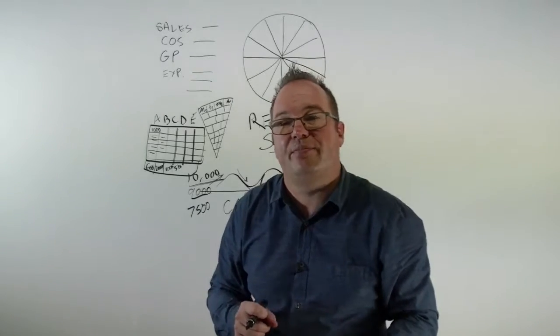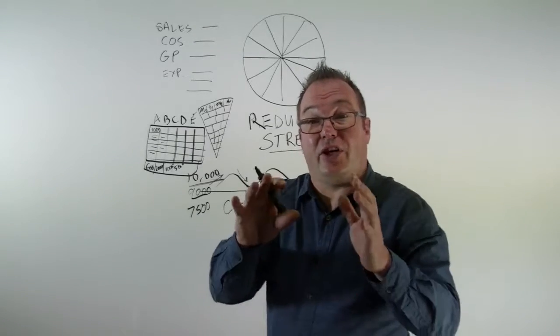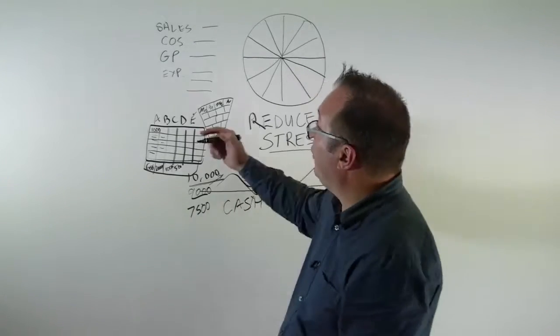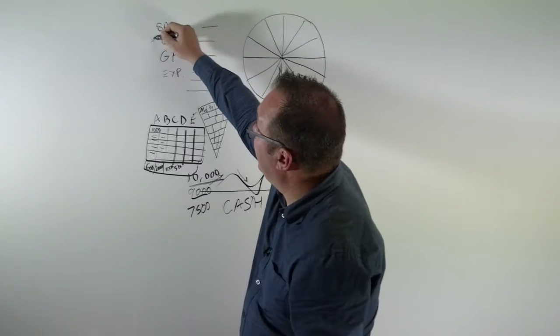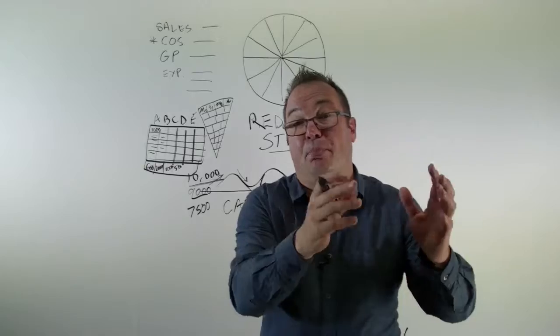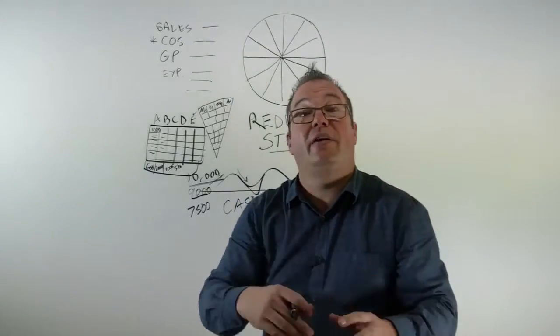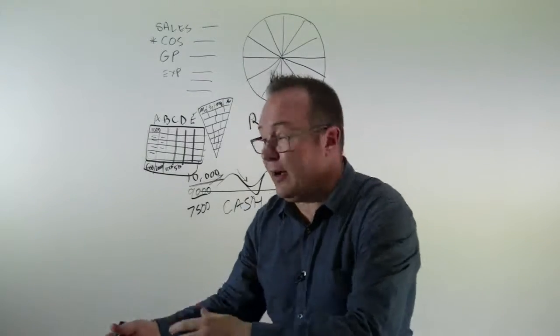Now, some of the other levers that you can use are the costs lever, or the cost of sales lever. We've been looking up here first in the budget that when we sell something, we've got to buy it first to sell it, or we buy it on credit, we sell it, and then we pay the supplier.